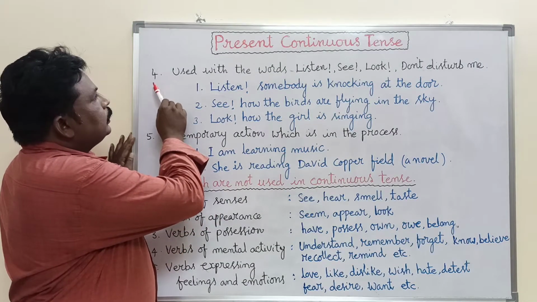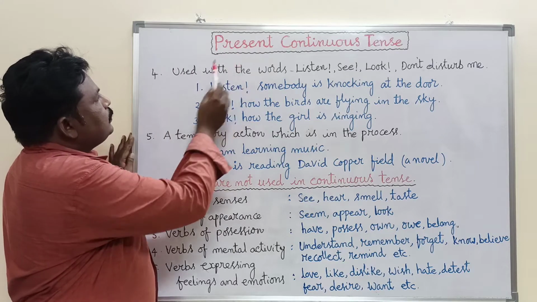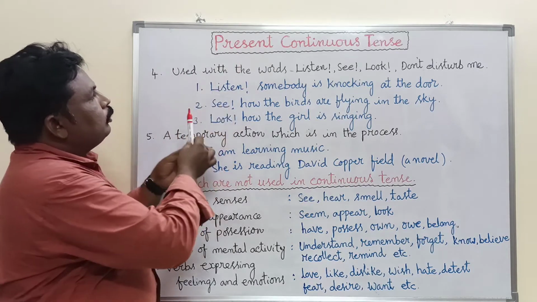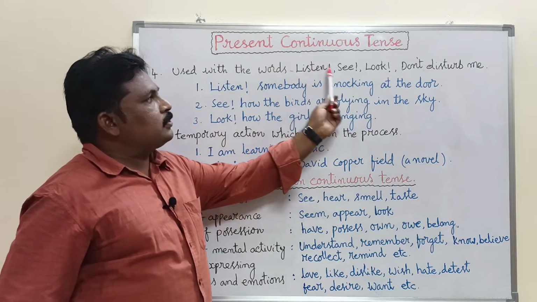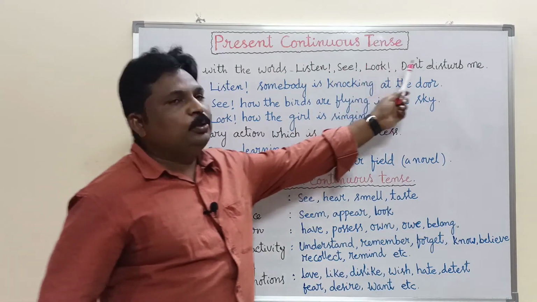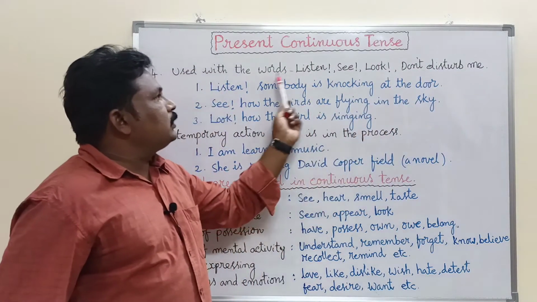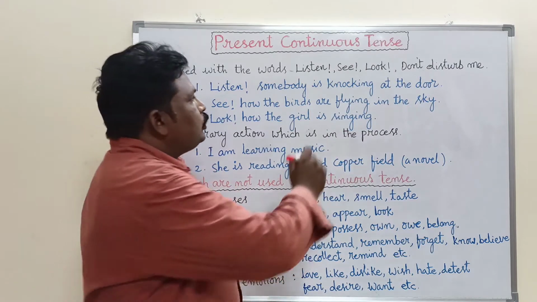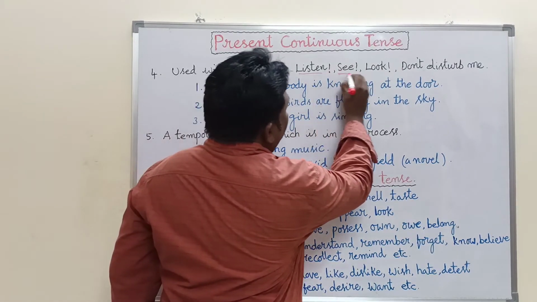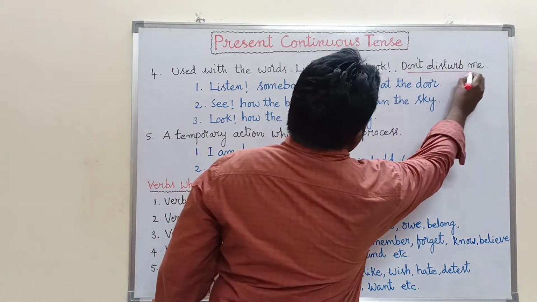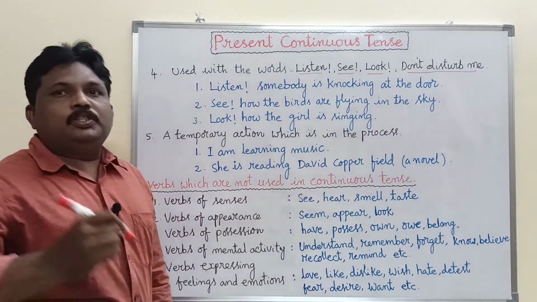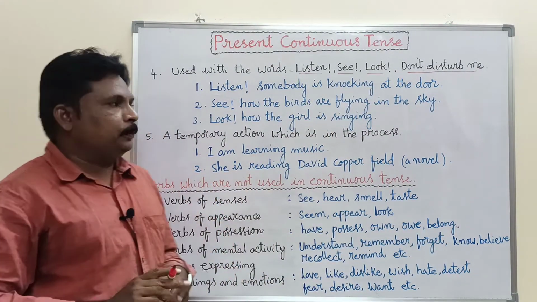Fourth one is present continuous tense is used with the words listen, see, look, don't disturb me. These are the words which are used to draw the attention of others towards an action which is happening or going on.